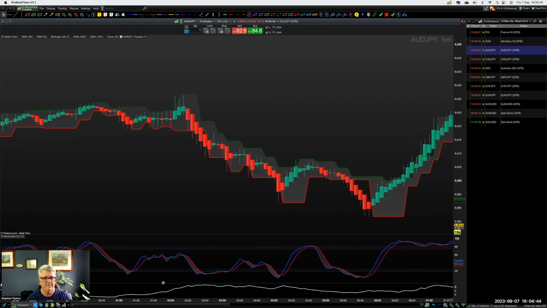So here's a fractal. And what we're looking for at the base level, without using any other overlay, and I don't recommend not using any other overlay, but just using the raw fractal itself. So we have a look at the market moving up, and then we look for an opportunity to go short, and our short position will be a direct break of that fractal.